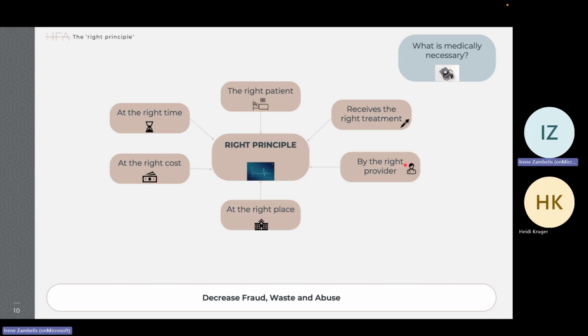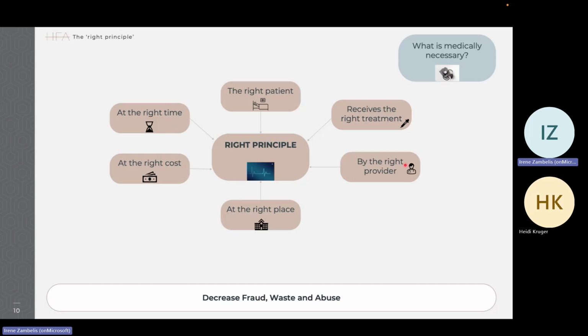But what schemes need to do is take from the medical fraternity what is best practice. And they need to show that they've done that. And they then use that to limit benefits accordingly.